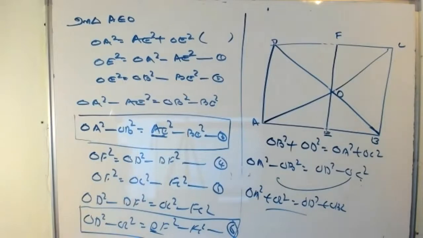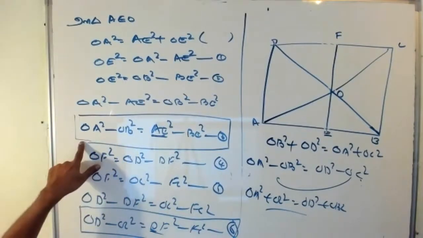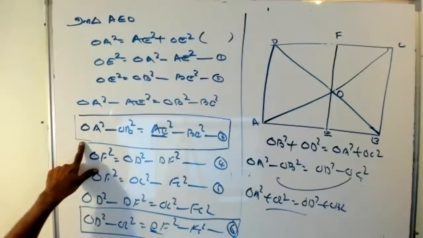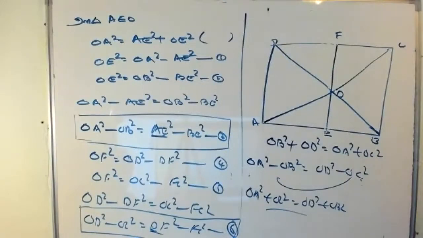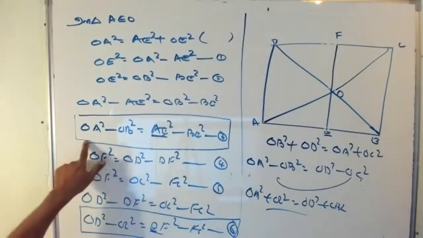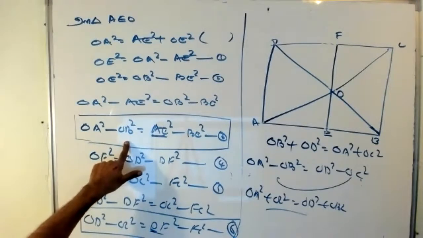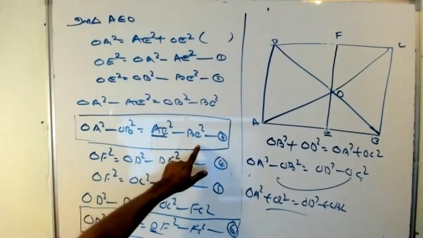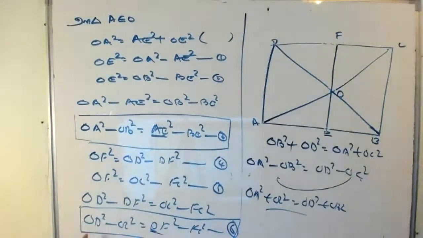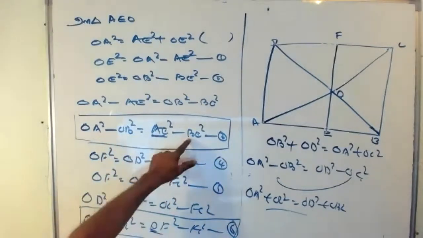Last step. Look at here. Number 3 is what? OA square minus OB square equal to AE square minus BE square. Number 6, OD square minus OC square equal to DF square minus FC square. But we know that AE equal to DF, BE equal to FC.